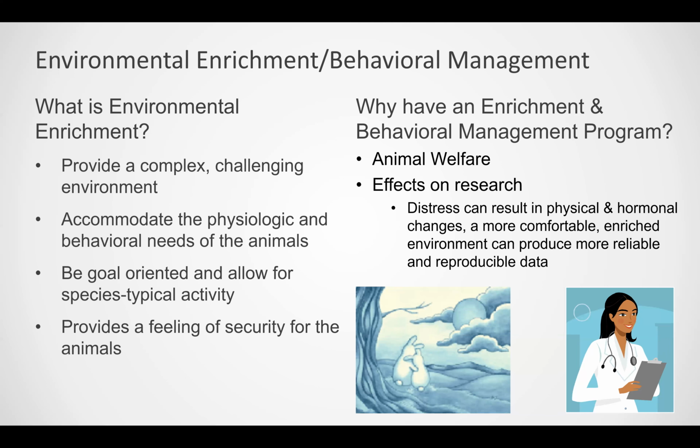So again, that's the thought behind the definition of animal rights. Under the law, they do not have legal rights. This is more of an ethical and moral issue that we should provide humane care and provide for the animal's welfare.